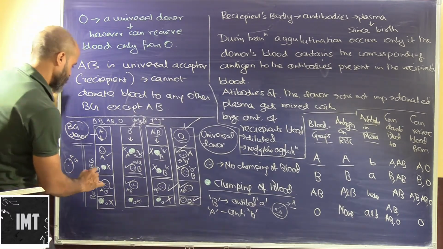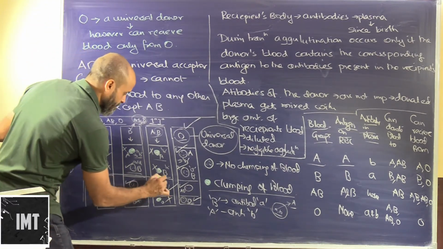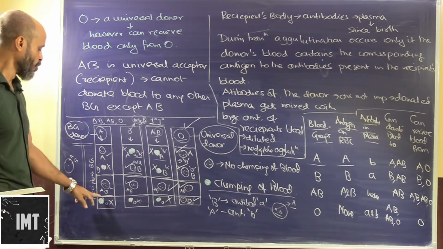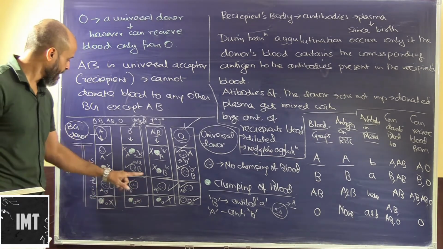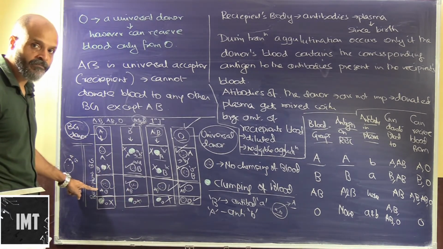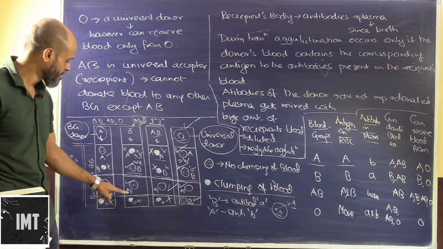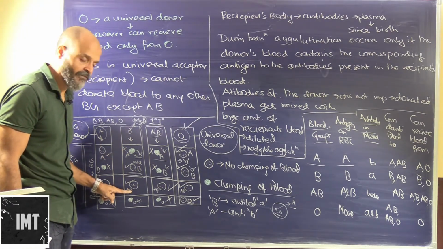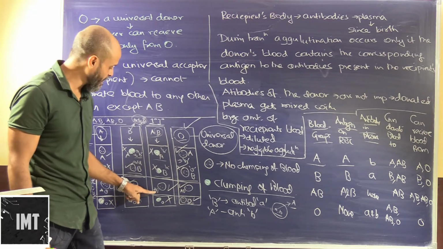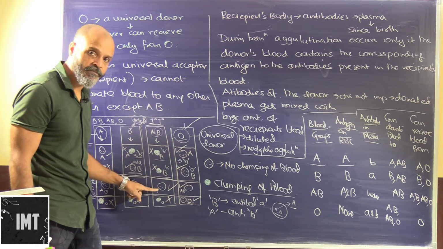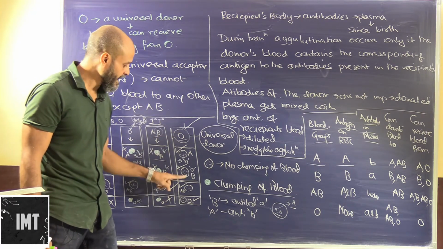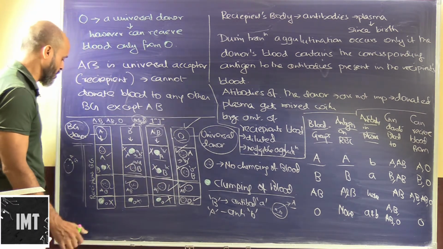Whereas if you see this, a person who has got AB blood group can receive blood safely from a person having A blood group. A person having AB blood group can receive blood safely from a person having B blood group, from a person having AB blood group, and similarly from a person having O blood group.